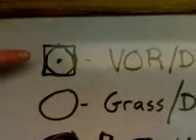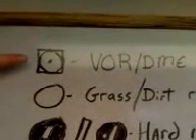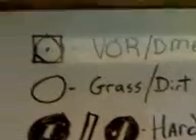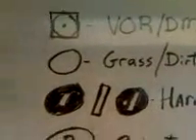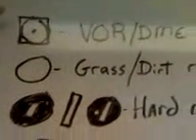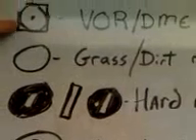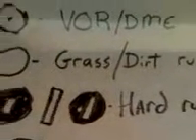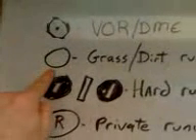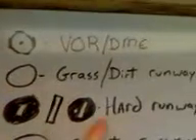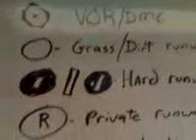Now, some of the things that I think are extra important and want to point out: this right here is a VOR DME. This is what it looks like. There are a few other variations, like VORs and VORTACs, but they all look generally the same, maybe with the edges being a little bit different. A circle that is open means a grass or dirt runway.